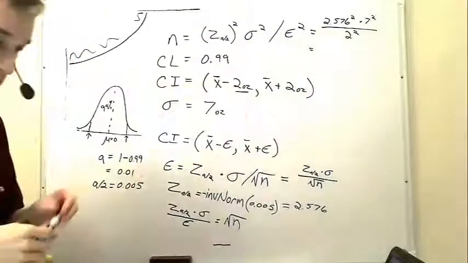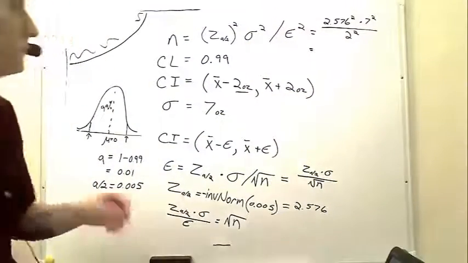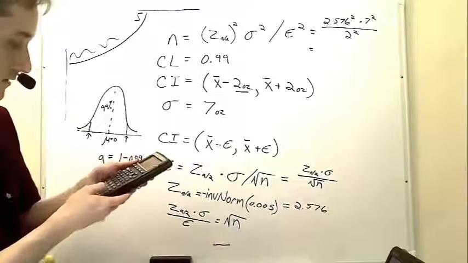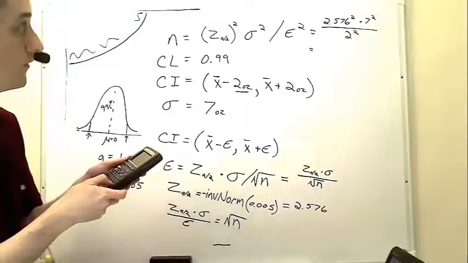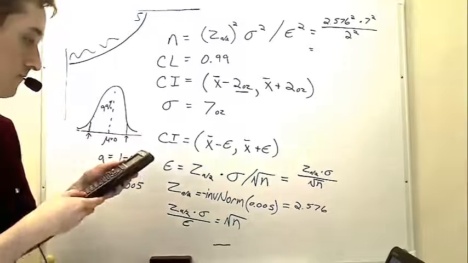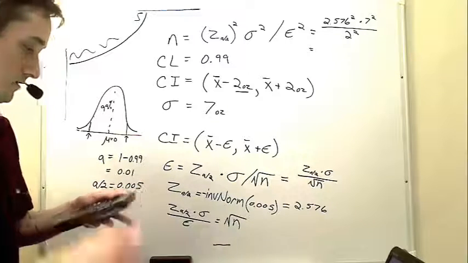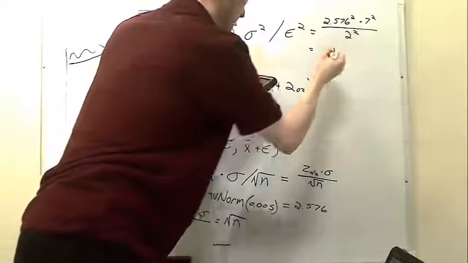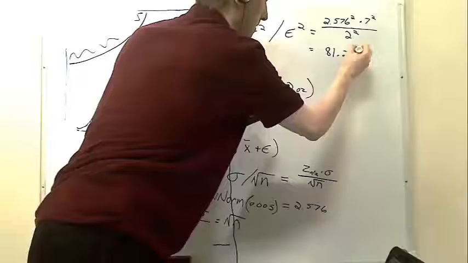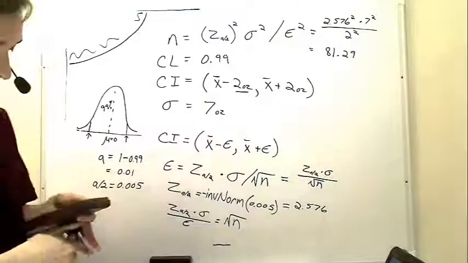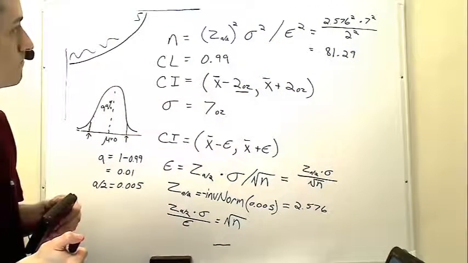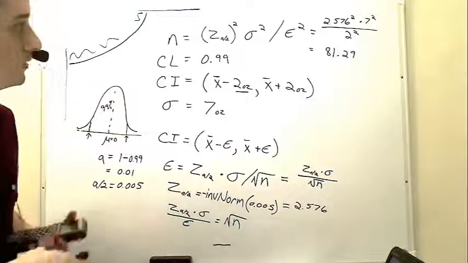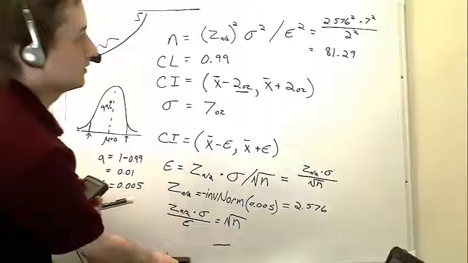Okay, and what does that equal? 2.576 squared times 7 squared divided by 2 squared. I get 81.29 rounded to that second decimal place. Oh, but this is a sample size, so it's going to have to be a whole number. So we'll just round it to 81.